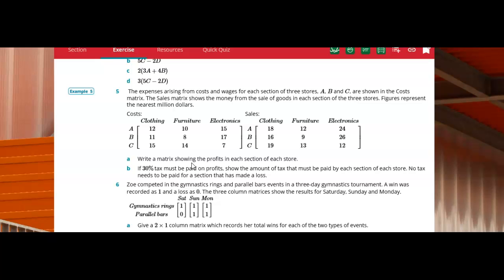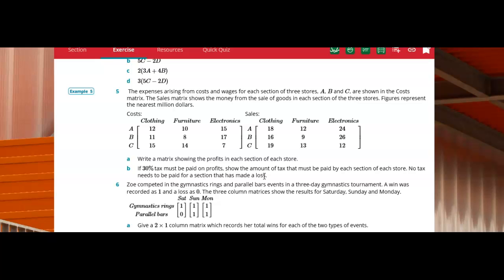So I'm making a profit of $30. So to calculate that, I just take the 80 minus 50, the revenue, the sales, minus the cost. So for this one, you've got your sales matrix and you're going to subtract your cost matrix. I'm not going to do it, I'm just going to talk you through it.